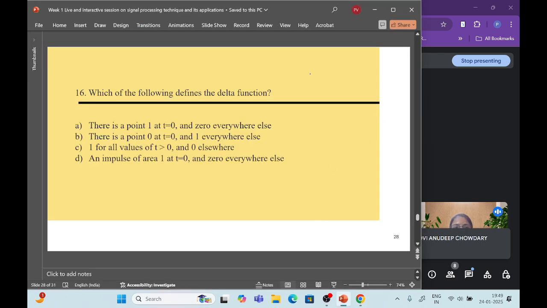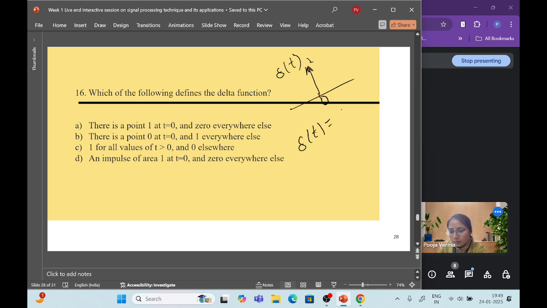Correct. What is the delta function? Already we know that it is 1 at t is equal to 0 and 0 everywhere else, represented as a delta function. It is a representation of the delta function.